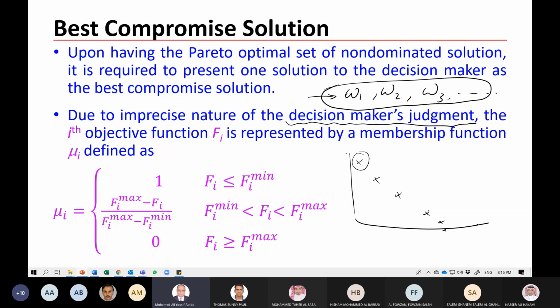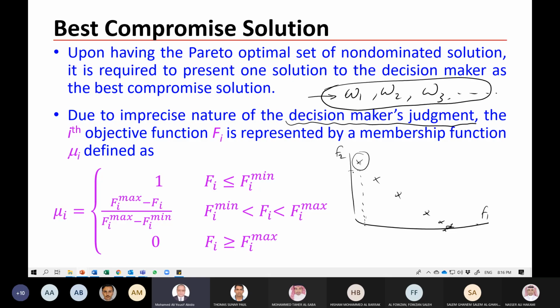So for each solution you have, for example, F1 and F2. So this is F1, and this is F2. You can have the weight in terms of the first objective. This is the actual value of the first objective, and this is the maximum value of the first objective, and this is the minimum value of F1.